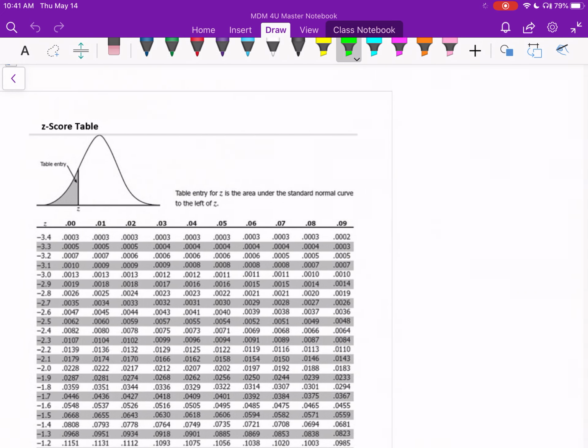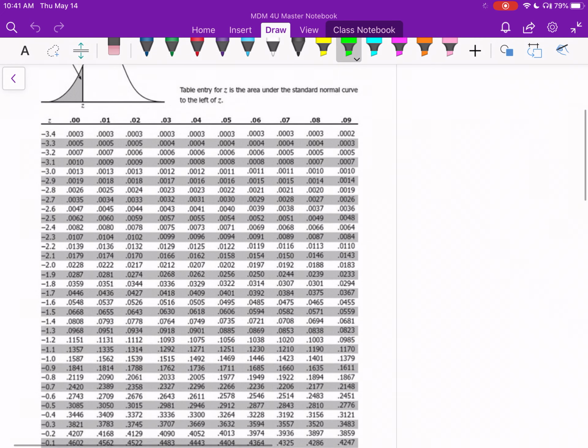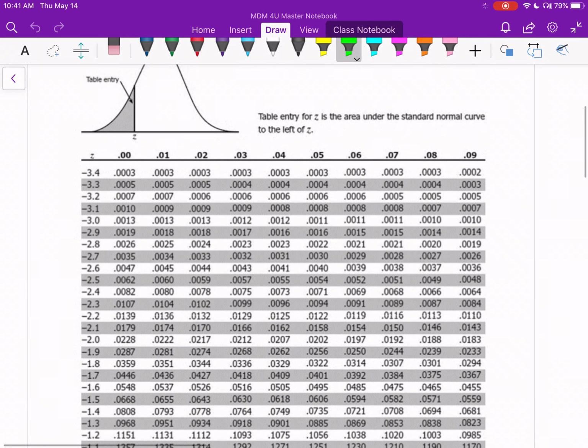On the z-score table, remember, it starts at the smallest percentages. It starts with a z-score of negative 3.49, so it's starting down in this corner. Basically, 3.5 standard deviations below the mean has a probability of occurring of 0.0002, or 0.02%.